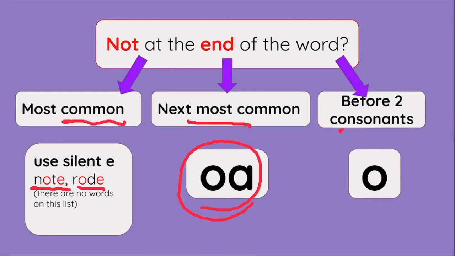If it comes before two consonants, we spell it with just an O. There's a spelling rule that says I and O may say I and O before two consonants. And we had some of the I words last time, and this week we have some of the O words.